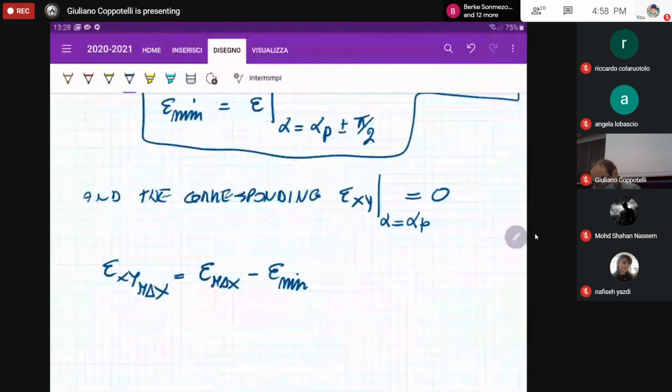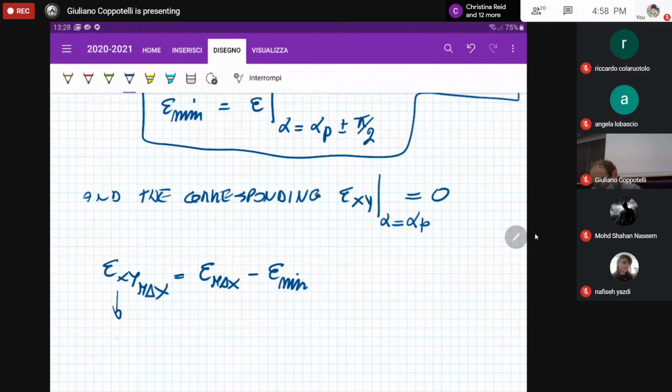And this happens when alpha xy maximum is equal to the principal angle plus or minus pi/4. So the angle in which we have the maximum shear strain is shifted by pi/4 with respect to the principal angle for the strain.